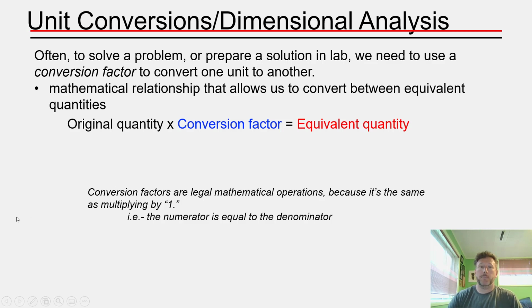And the idea behind multiplying the original quantity times your conversion factor to get a new equivalent quantity is that the conversion factor will allow you to cancel out the original units that your quantity was measured in and replace them with new units that are more useful for the problem you're going to solve. And as a result, you get an equivalent quantity.